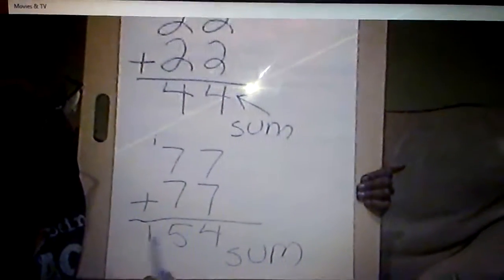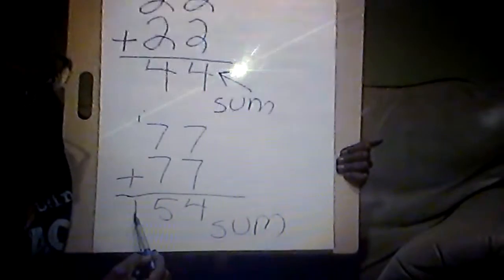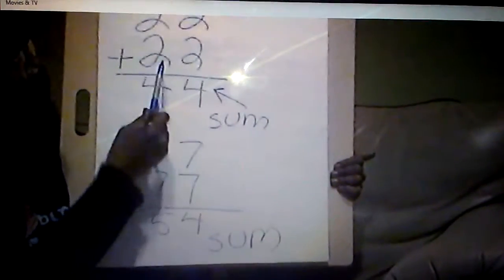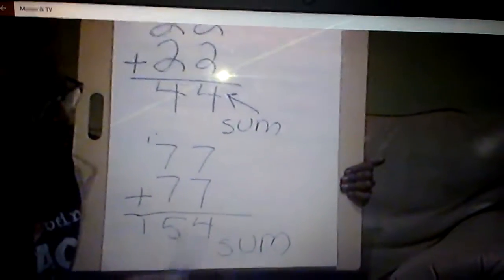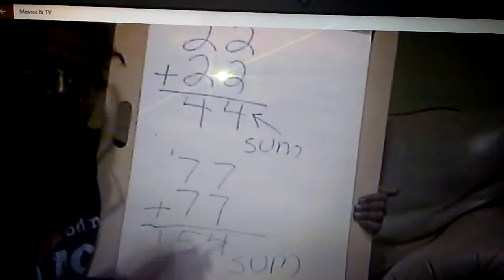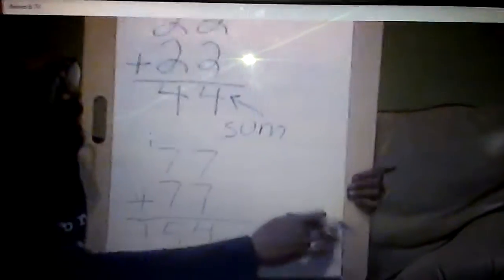The answer is 154. Ones column, tens column, hundreds column, also known as the sum, just as in this one. Just that this answer resulted in a three-digit answer. Okay? Bigger number. The bigger the numbers that you are adding, the bigger your sum will be. Okay? We will move on.